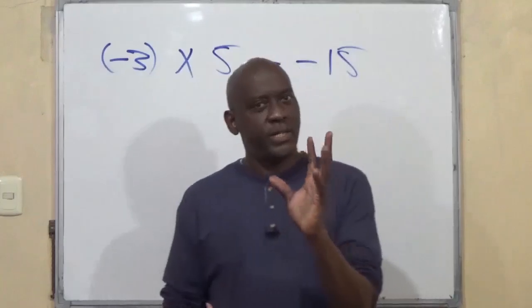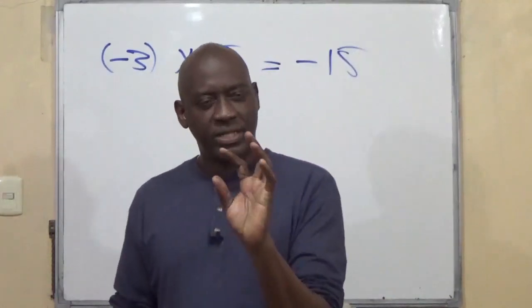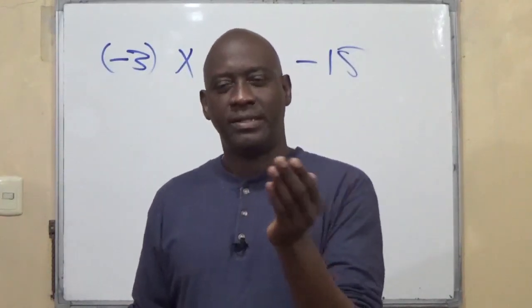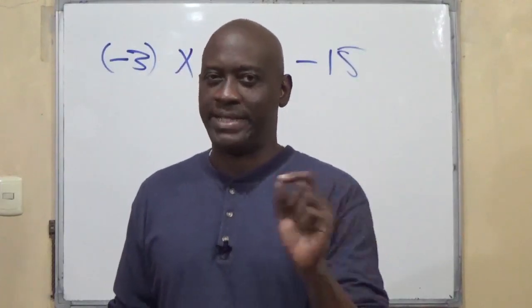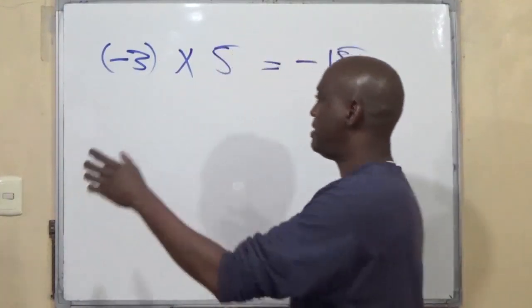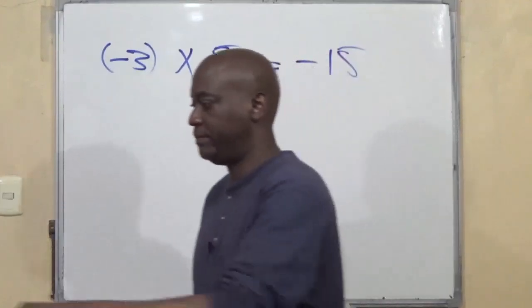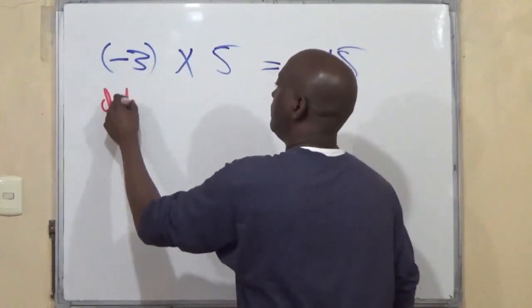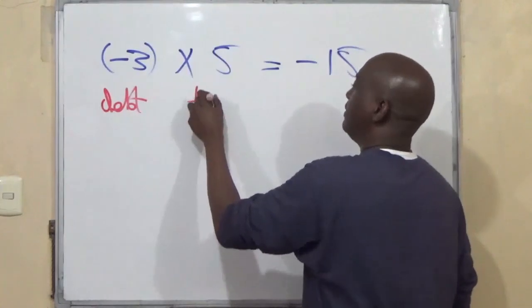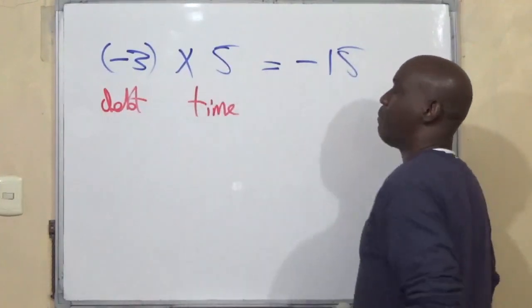So all I do is change the order in which I refer to the debt and the timeline. So this is the debt, right? This is the debt that we owe, and this is the timeline, right?